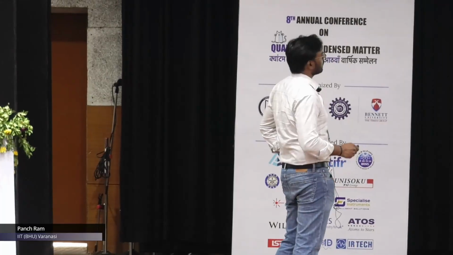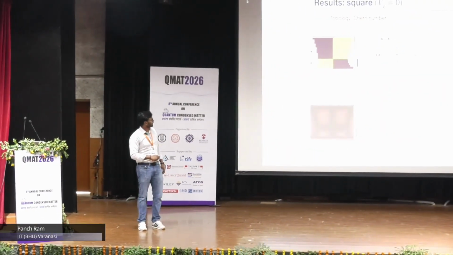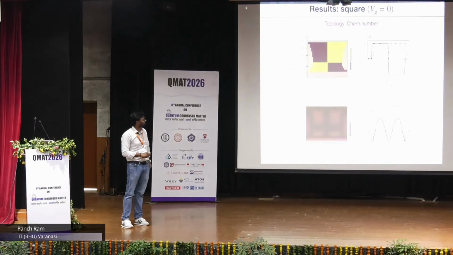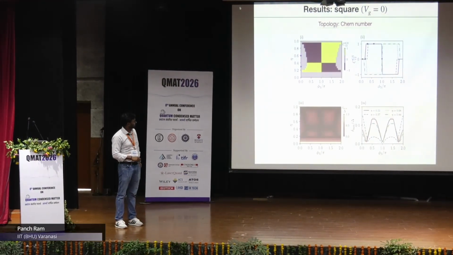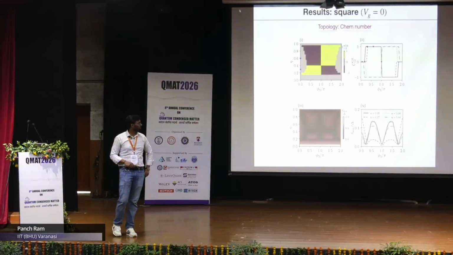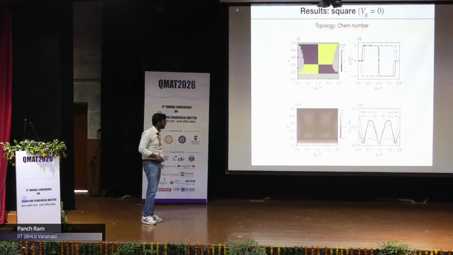And even if you scan along this direction, you get the topological transition here. And these are some cuts around these values, eta equal to 0.2 and so on, and you see clearly the ground state Chern number is non-zero for certain values.